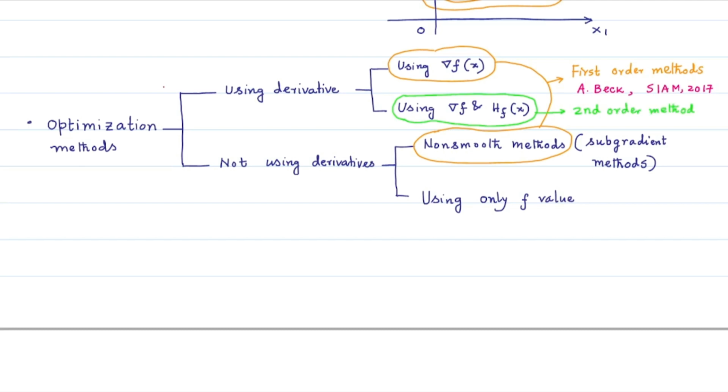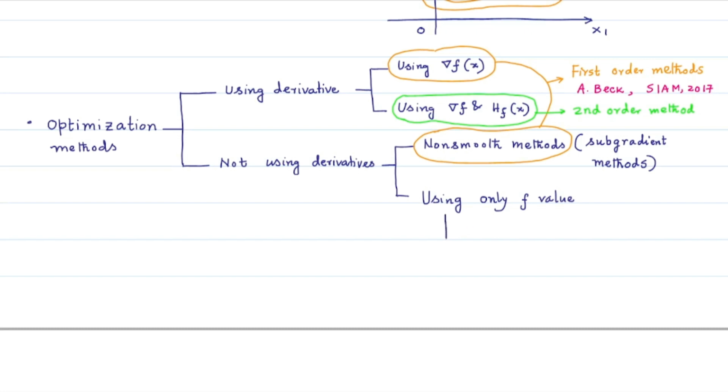In this course, we will look into only one first order method, that is the steepest descent method, and we will consider quite a few second order methods such as the Newton method, quasi-Newton methods, etc. But no non-smooth method or method not using derivatives will be described in this course. But I will mention here a few methods that use only the function values.